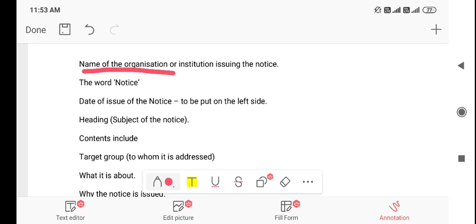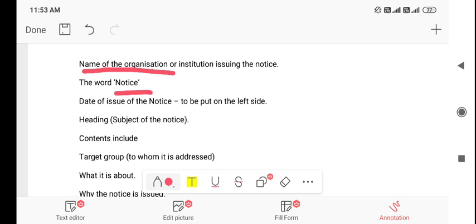The notice begins with the name of the institution, for example MDB English Medium School, Baloda Bazar. Then below the name of the organization, we have to write Notice.